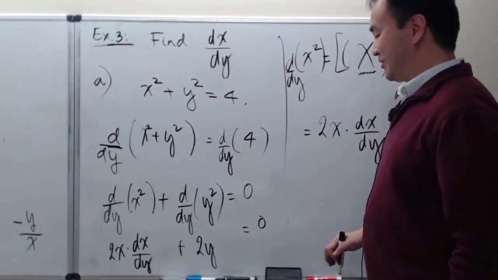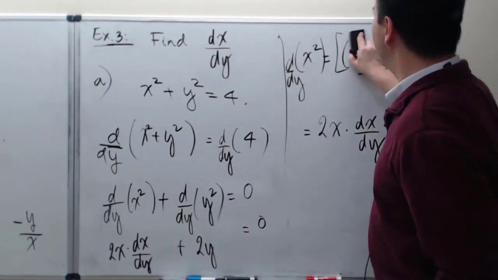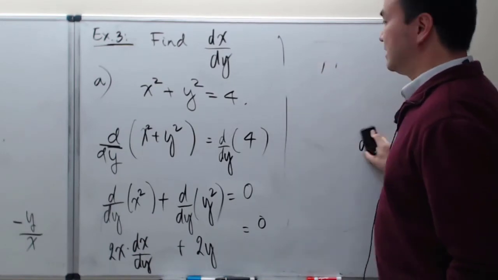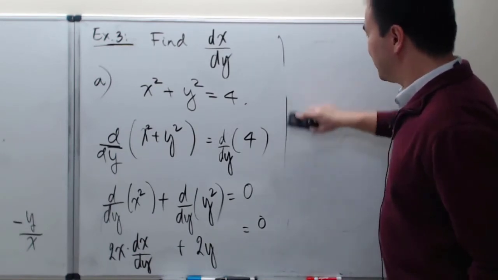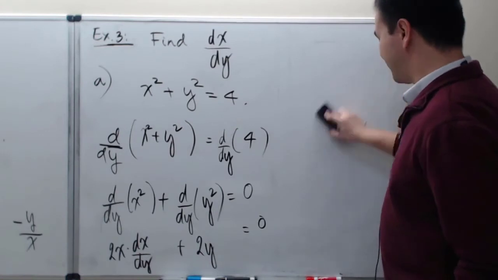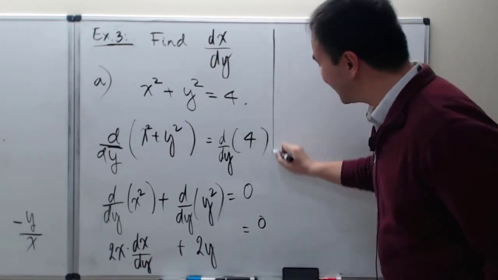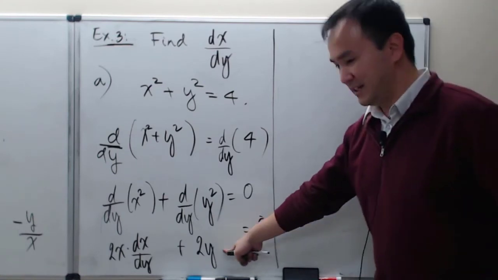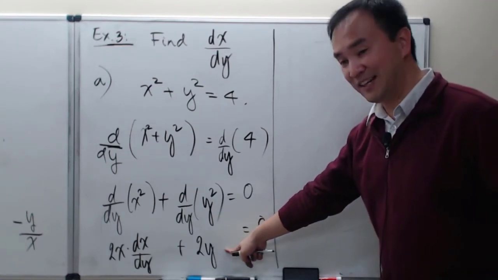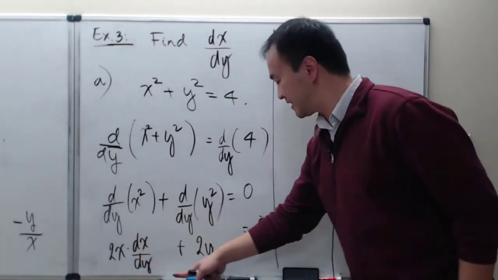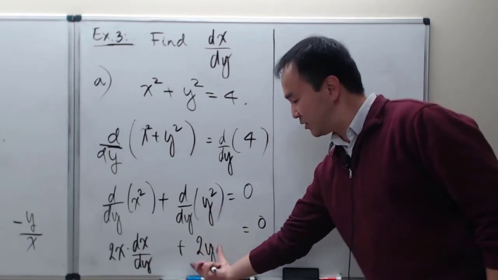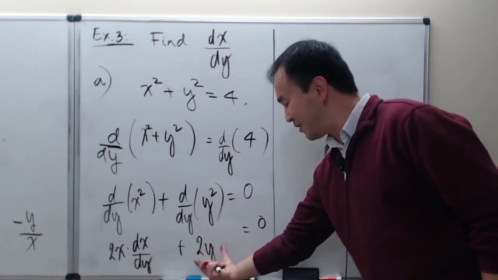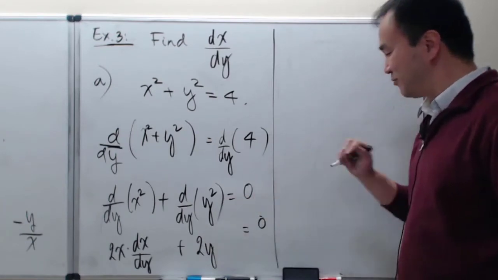Okay, and so now we are ready for solving for the final dx/dy. I don't think I need to move on to the other board because all that space here is just perfectly enough for our work. This is the non-dx/dy term, and this is the only dx/dy term. So I'm going to bring the non-dx/dy term to the opposite side.